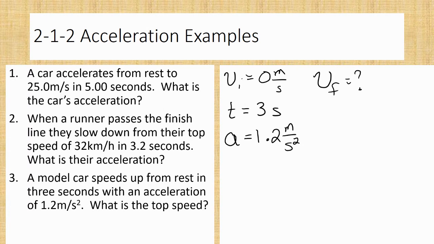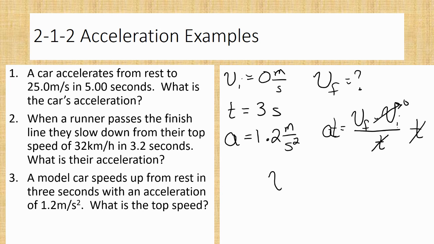So we're going to have to rearrange our equation. Acceleration is equal to Vf minus Vi over t. Now, since Vi is 0, we can take that out of the equation and multiply both sides by time.